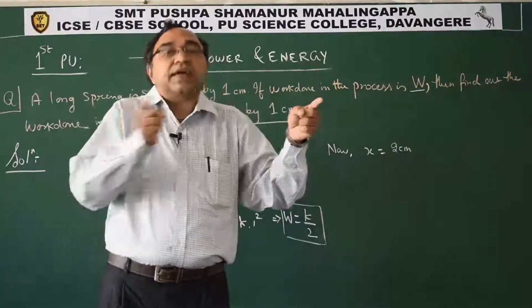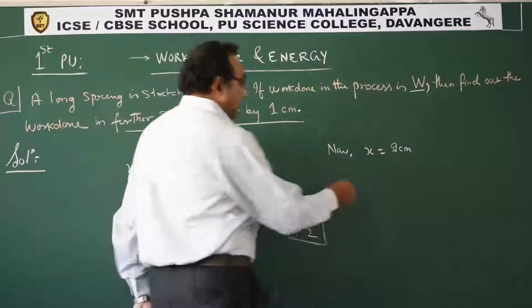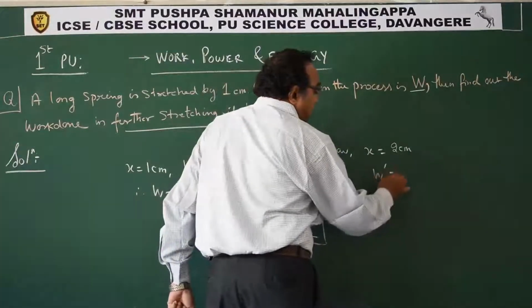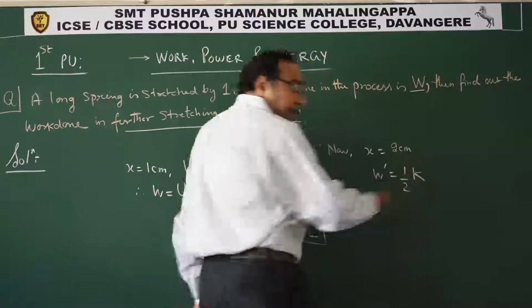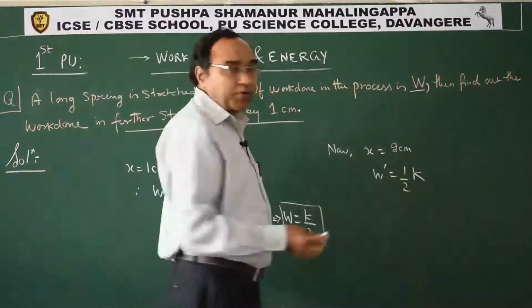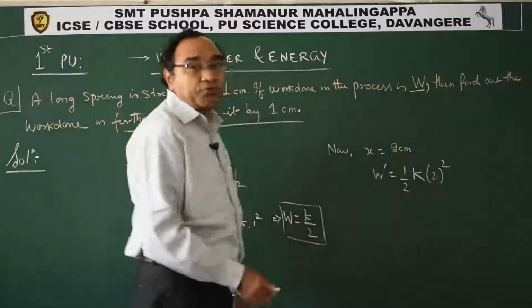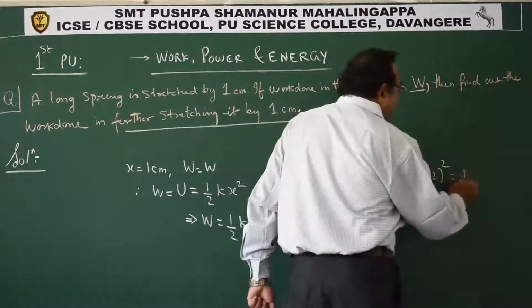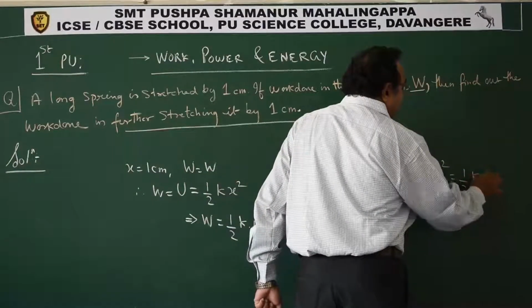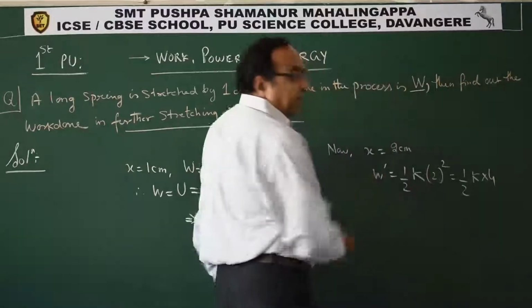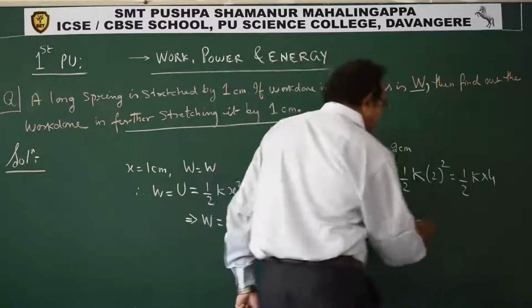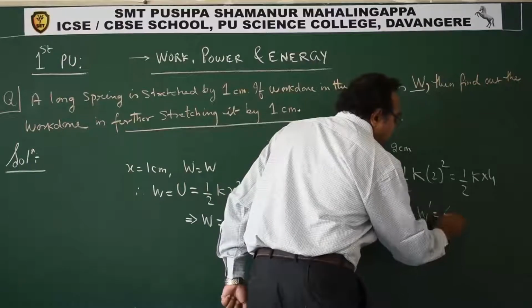So from the beginning it is 2 centimeter. So W dash will be half K. Spring is the same thing, so spring constant will remain the same thing, and here we will say x square is 2 square. So this gives us half k into 4. Half k is what? W. So therefore we can say W dash is 4W.